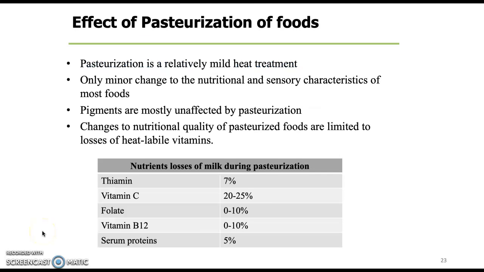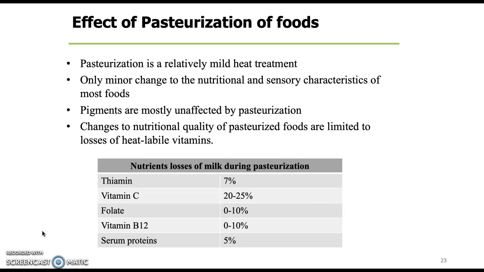Finally, let's talk about the nutrition part of pasteurization. As we know, compared to boiling or sterilization, pasteurization is a relatively mild heat treatment. So there's usually a very minor change in terms of sensory and nutrition facts. The pigments are also mostly unaffected, so the color still looks very vivid.